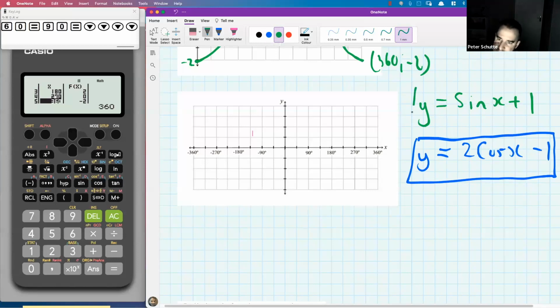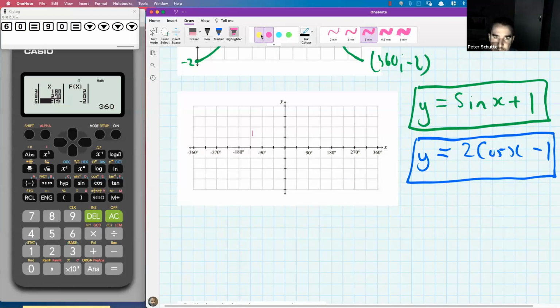And the domain that I'm going to give you is going to be from minus 180. So we're going to go from minus 180 all the way to positive 180. So that's going to be the domain.